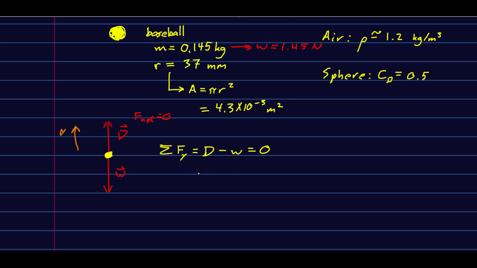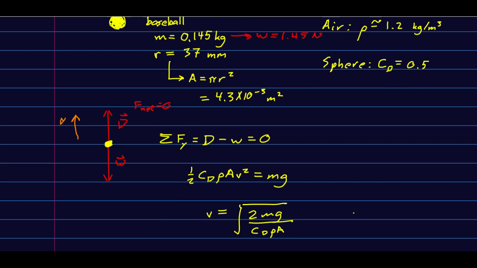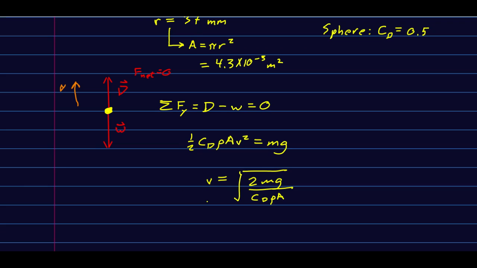So that now says that the drag, that's a half C_D rho A v squared, equals mg, which means that the speed would be the square root of 2mg over C_D rho A. And so that is then a special value of the speed that gets called the terminal speed.